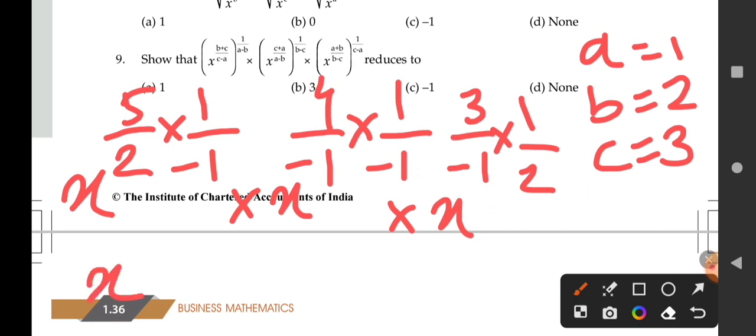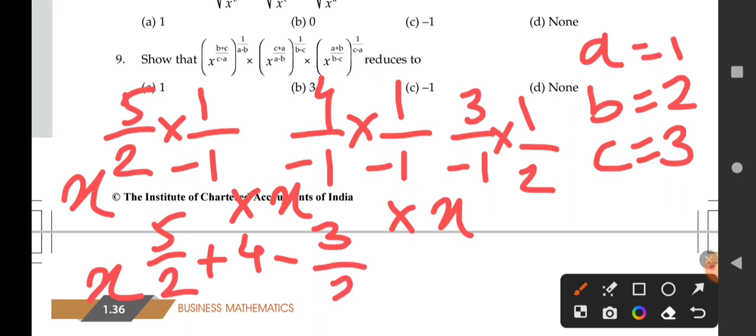Simplify. You get x power 5 by 2 plus 4 plus, minus 3 divided by 2. So these two terms you get 5 minus 3 is 2, 2 divided by 2 is 1. So x power 1 plus 4 is 5.